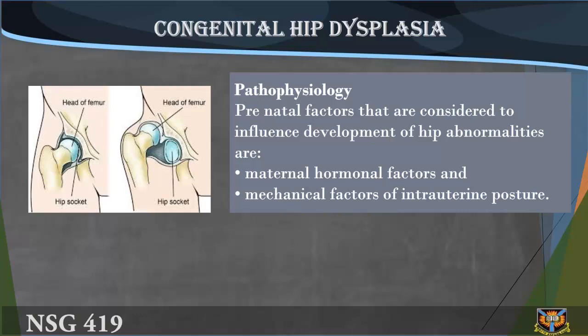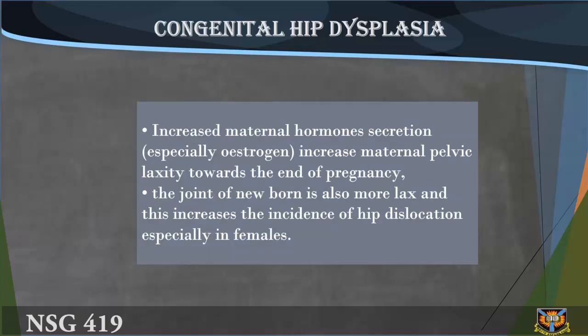Prenatal factors that are considered to influence development of hip abnormalities are maternal hormonal factors and mechanical factors, such as intrauterine posture. Increased maternal hormone secretion, especially estrogen, increases maternal pelvic laxity towards the end of pregnancy. The joint of the newborn is also more lax, and this increases the incidence of hip dislocation, especially in females.